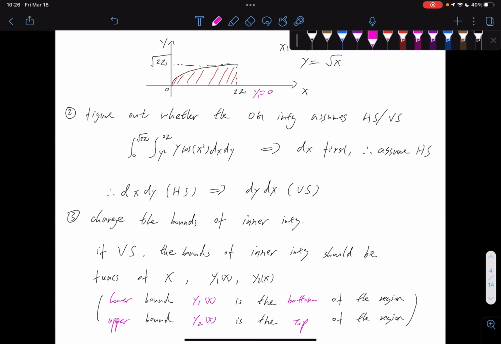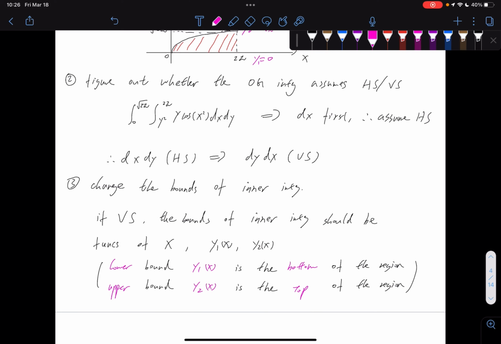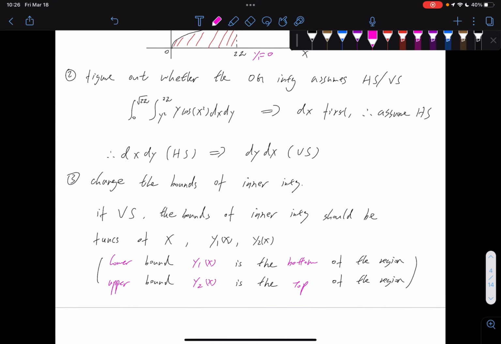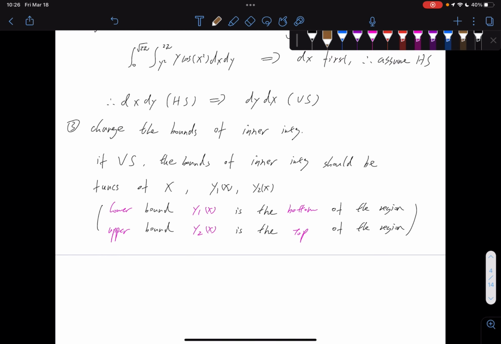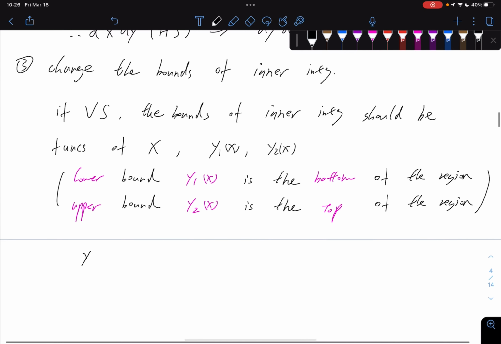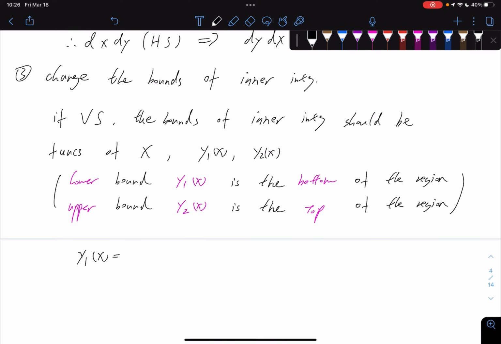And then the upper bound is this curvy thing right here. When we integrate from the bottom to the top, the vertical line is always reaching this curve, and that curve is y2 equals the square root of x. All right, let me write this down. So y1(x) equals 0, and y2(x) equals the square root of x.